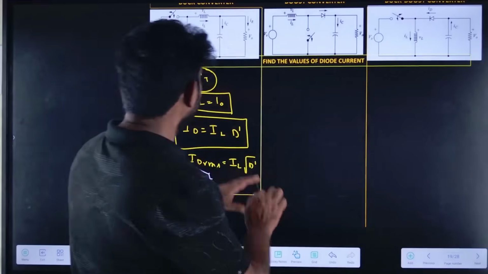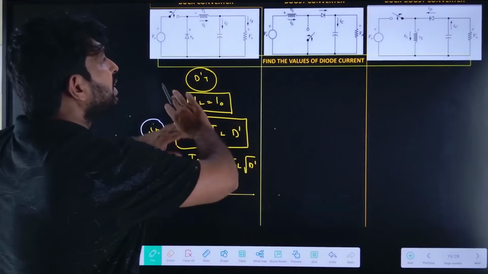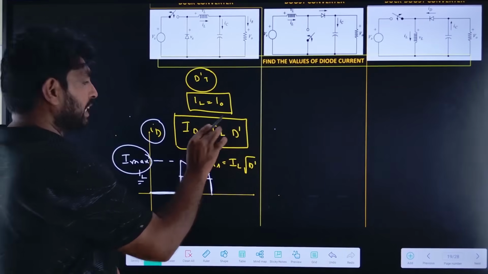So in a simplest way, let me write here. In all the three converters, the expression is the same.